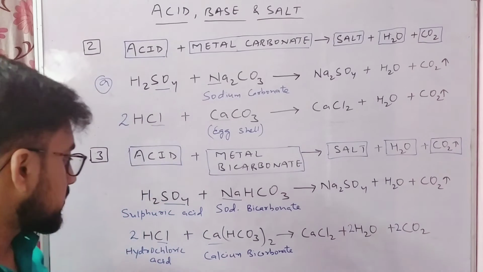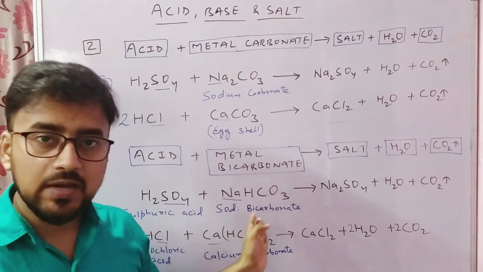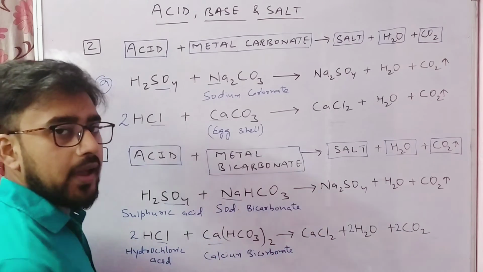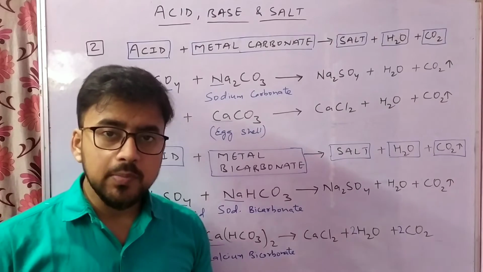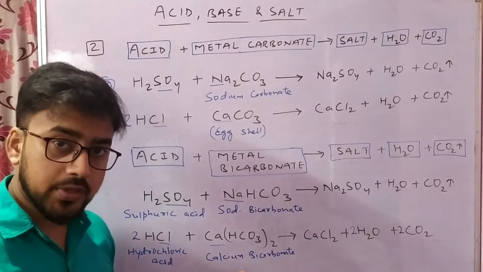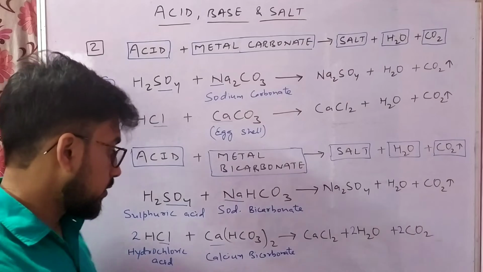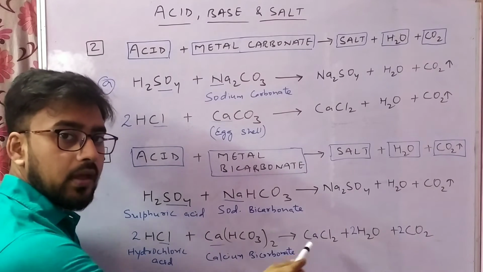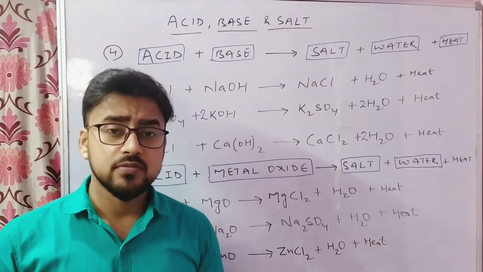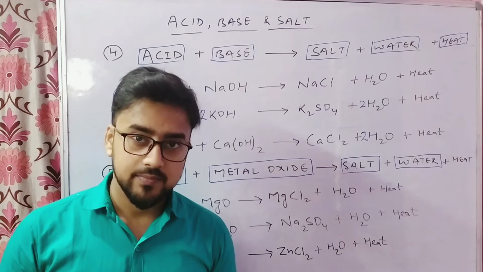Let's see some examples. Sulfuric acid, when it reacts with sodium bicarbonate, forms a salt like sodium sulfate along with water and CO2. Similarly, hydrochloric acid reacts with calcium bicarbonate to form the respective salt, calcium chloride, and it gives water and CO2.